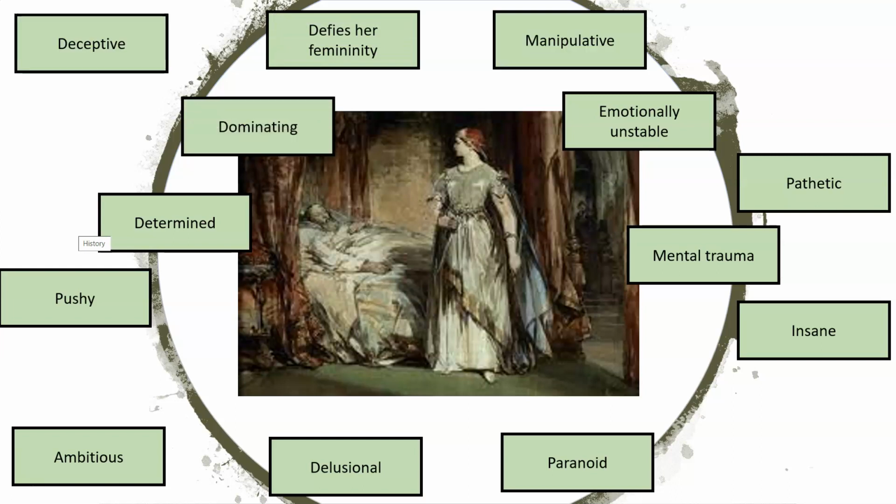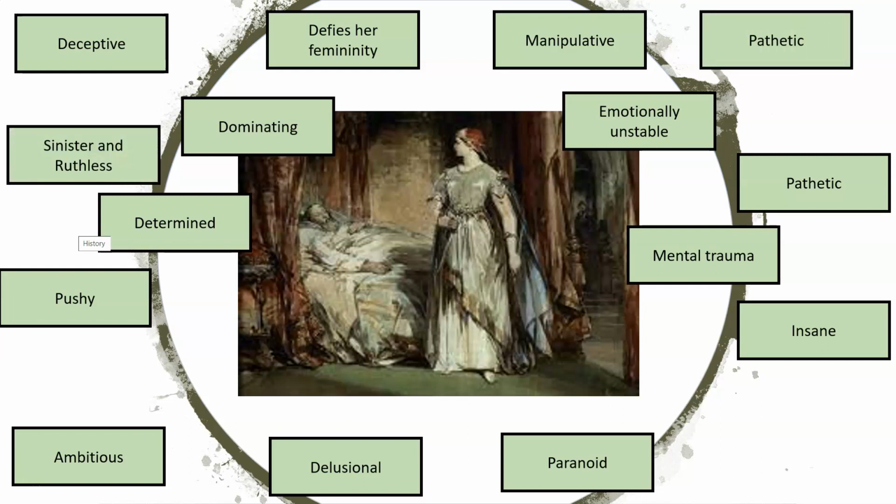She cannot live with the guilt that she experiences after the deeds have been done. She is consumed by guilt, which makes her lose her confidence and her sanity. She hallucinates and eventually commits suicide in the play, right?